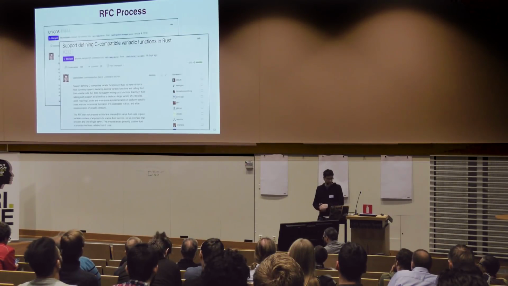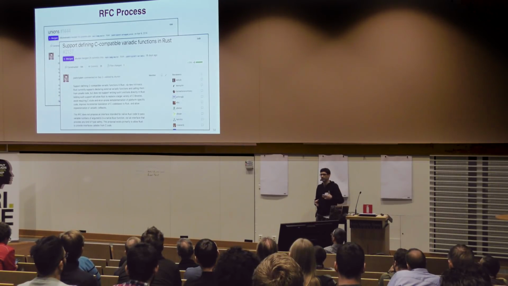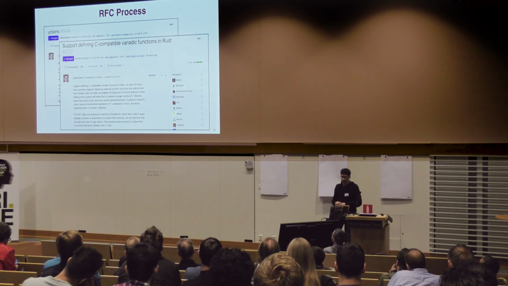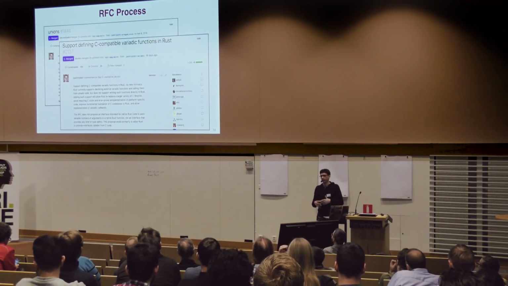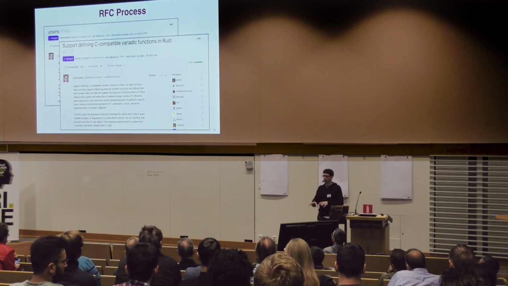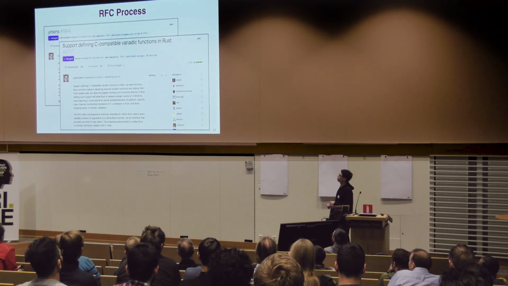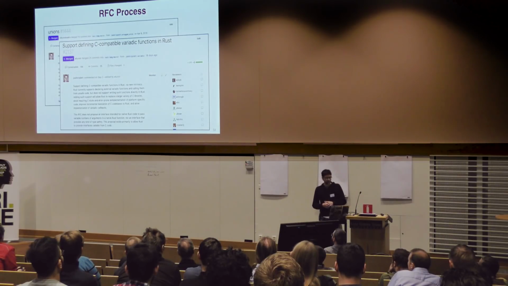In terms of designing new features, we do that all through this RFC process. So people can come either internal to the team or from outside and suggest a feature by writing up an RFC, and then there will be a lot of comments and back and forth, and eventually we'll either accept it or not, at which point we start moving to the implementation phase. And I chose these ones, which are written by Josh Triplett, who works at Intel, and he's now part of the Lang team in some roles.